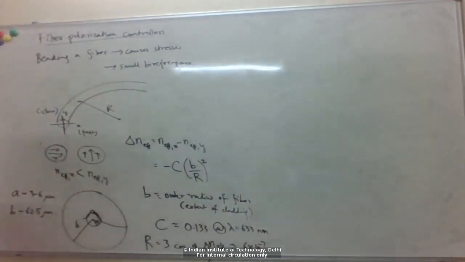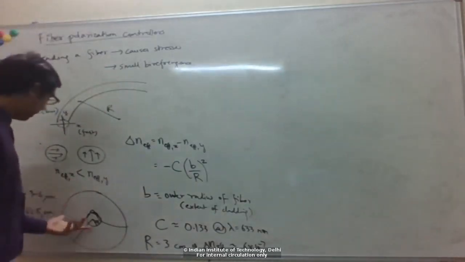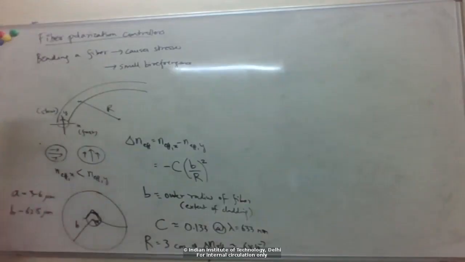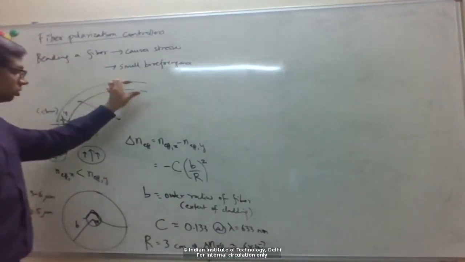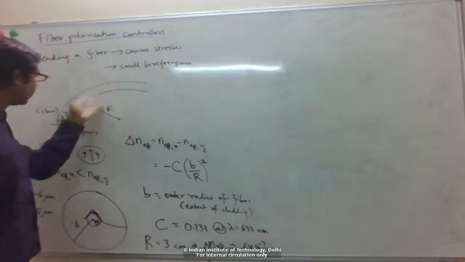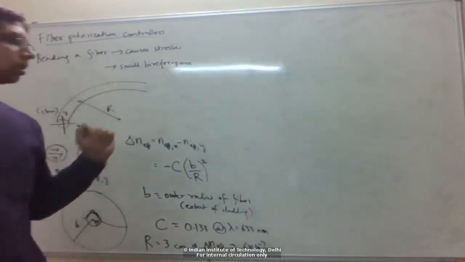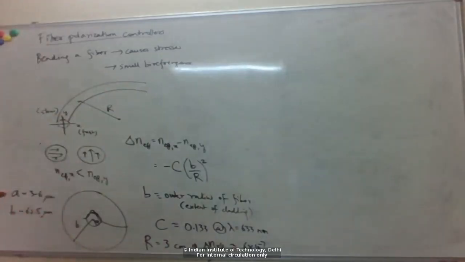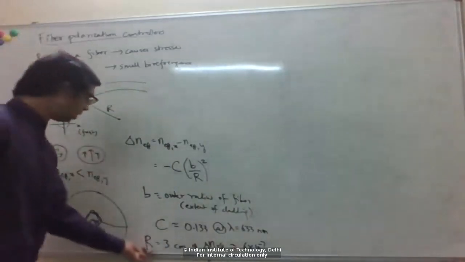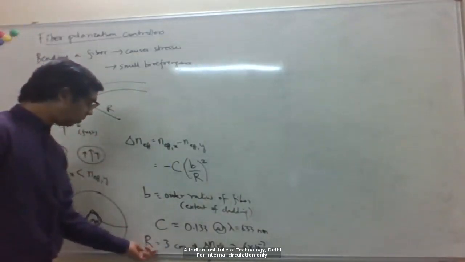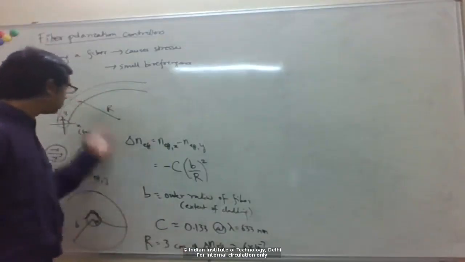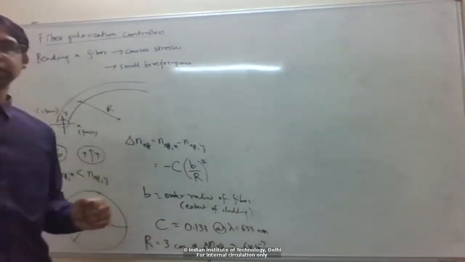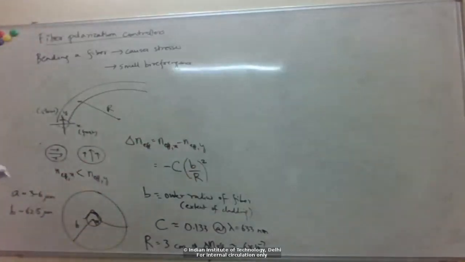For single mode fibers, if the bend radius is beyond a few centimeters, then the bending loss is negligible. So typically we don't go below a bending radius of 2-3 centimeters. That's the lowest that we go.